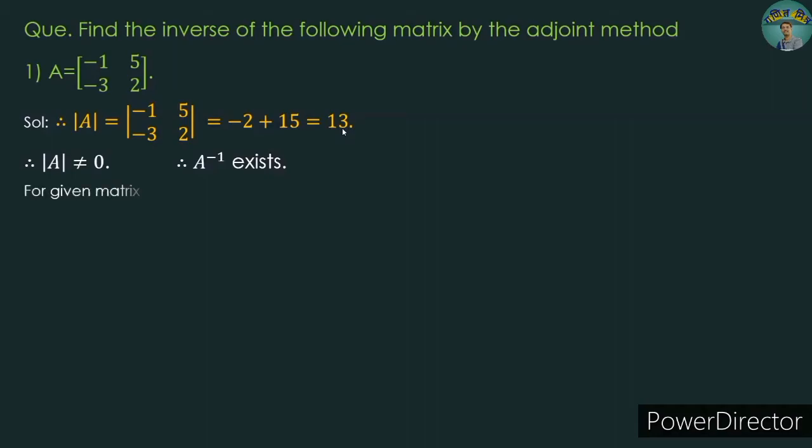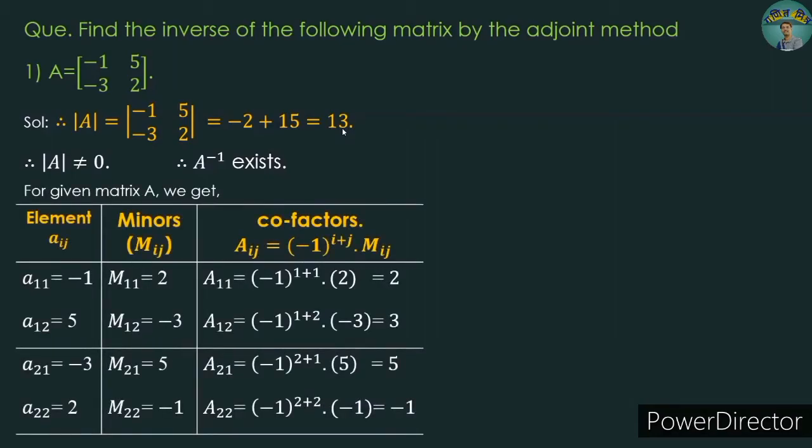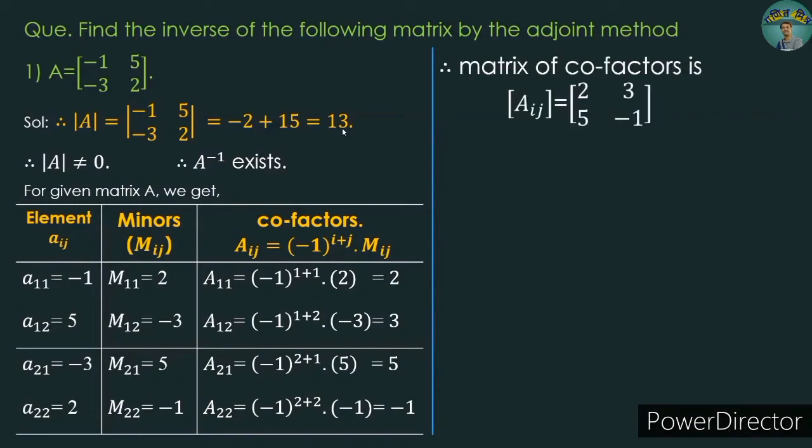For that, prepare the table where all the elements, then its minors and cofactors are there. As I discussed previously, you can follow all these steps for this 2 by 2 matrix. Then write down the matrix of cofactors, and with the help of its transpose, we can write down adjoint A.